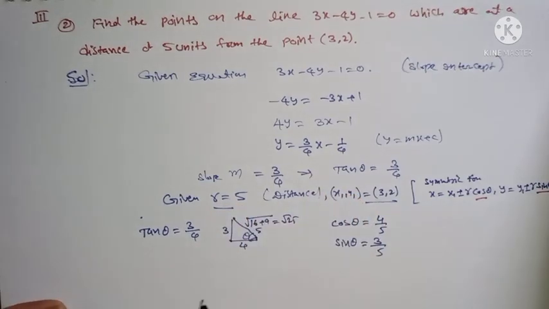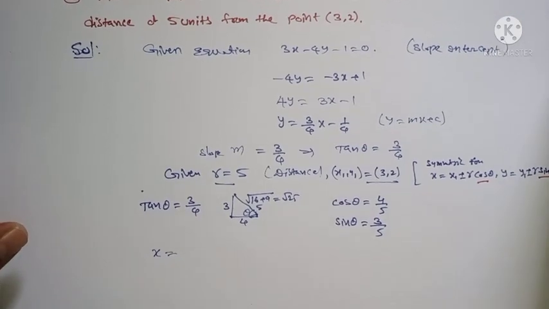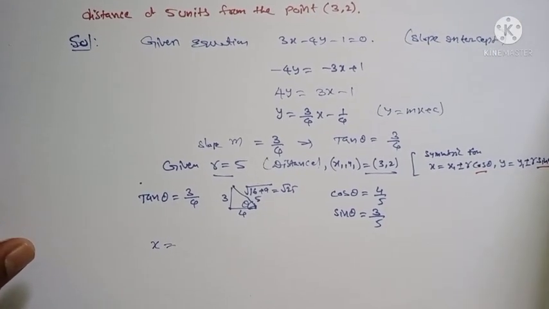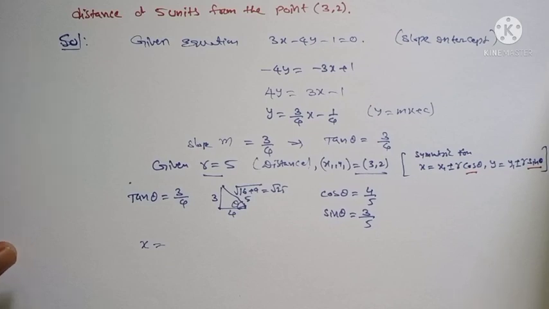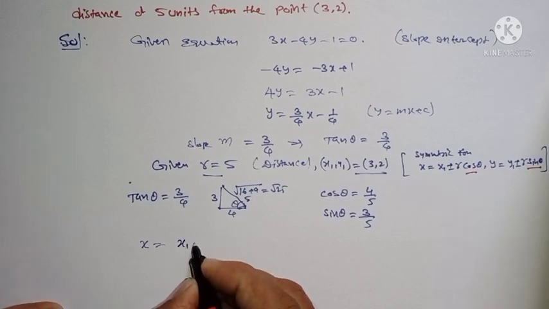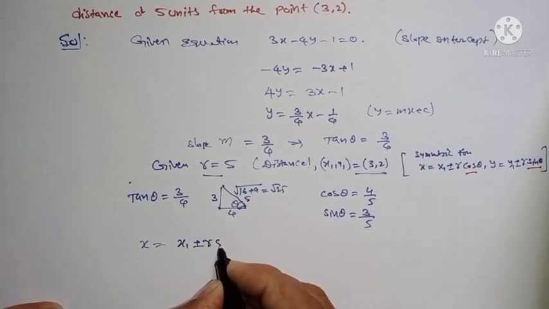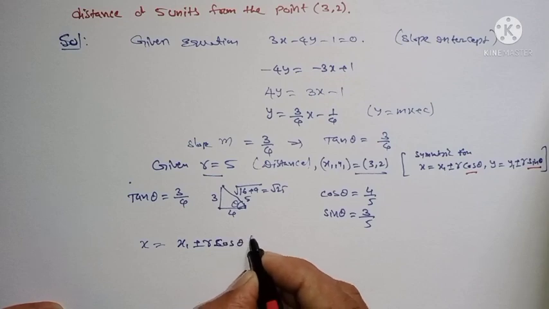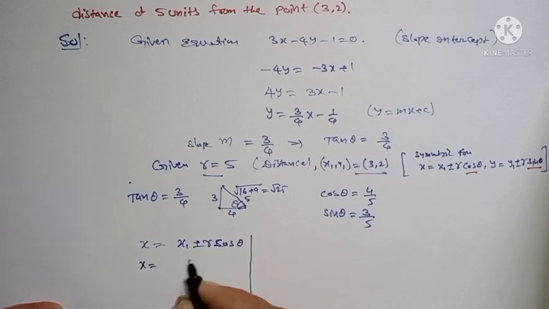Then substitute that, you get the answer. x is equal to, what is the formula? x1 plus or minus r cos theta. X is equal to, x1 is how much? That is 3 plus or minus, r is how much? That is 5.